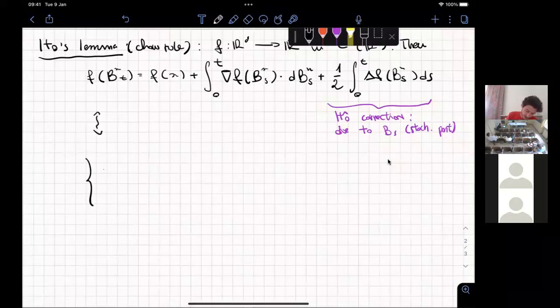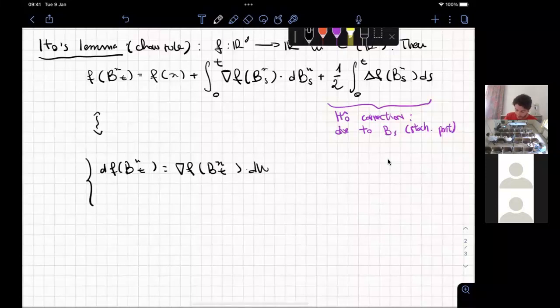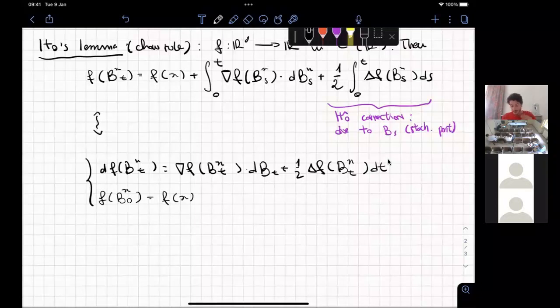One can read this as d f(B_t) equal to the gradient of f(B_t) dB_t plus 1/2 the Laplacian of f(B_t) dt, and then the initial condition, f(B_0) equal to f(x).